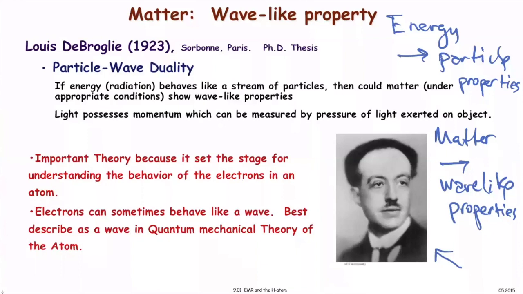Okay, and then this understanding of electromagnetic radiation and the atom gave us a new model, a new theory called quantum mechanics. Quantum mechanics tries to explain the very, very small. It tries to explain atoms, protons, electrons.